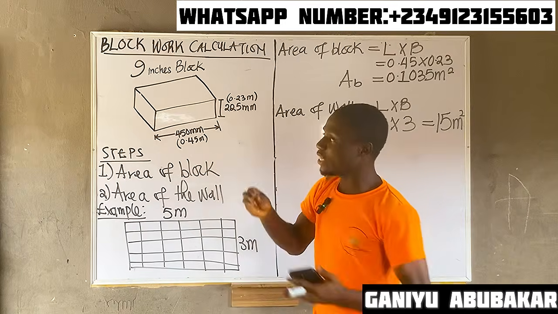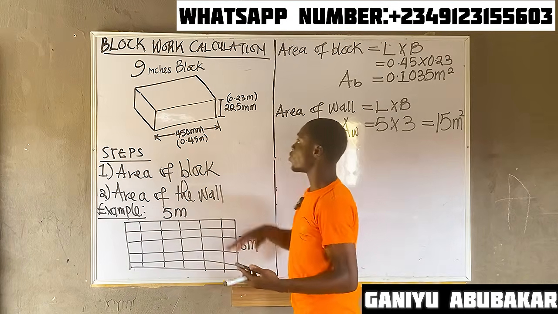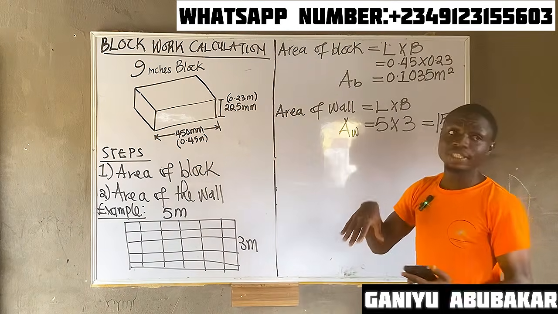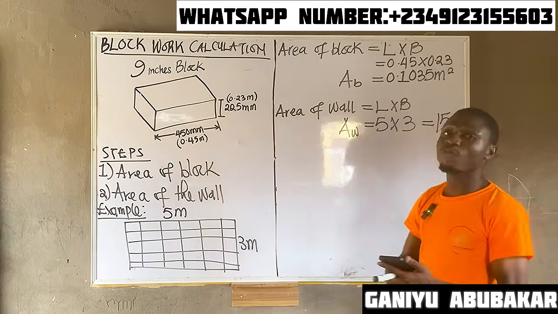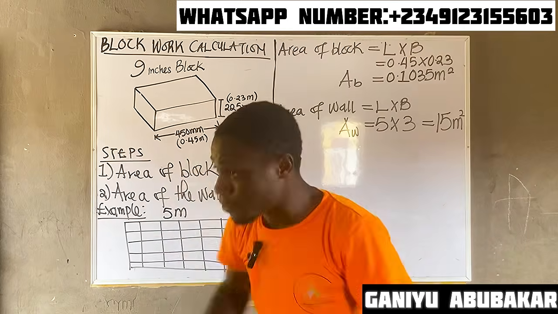Now listen, we said to get the total number of blocks you need, your very first task is to get what? Area of block. Second task, get what there? The area of wall. When you are done, divide the area of wall first.